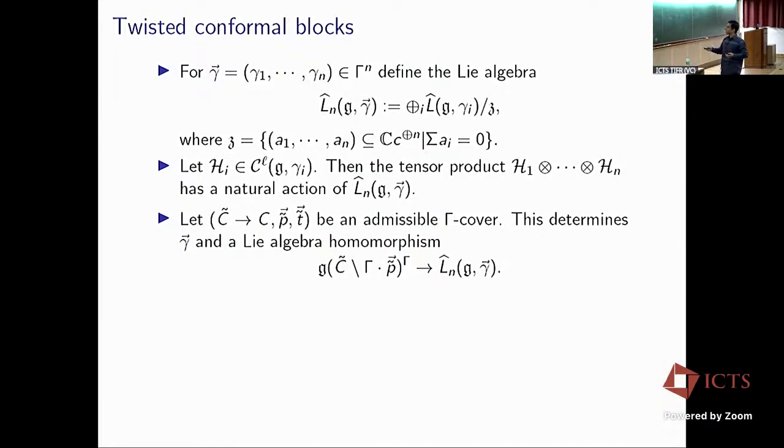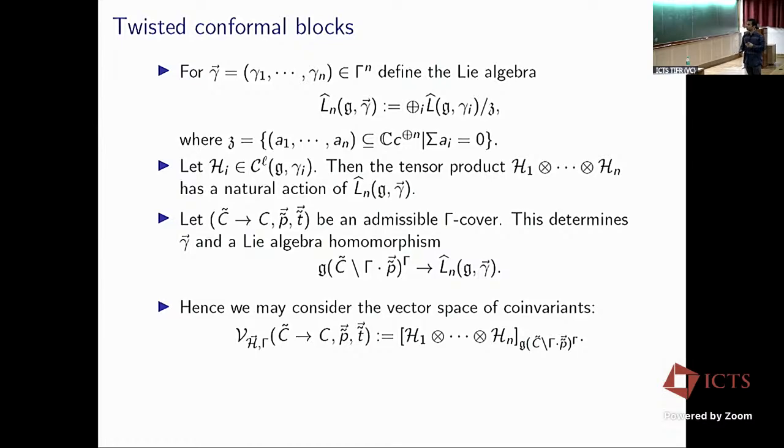So now I can define this space of conformal blocks. Basically, you take this tensor product and take the co-invariants with respect to this Lie algebra. So this is the vector space of twisted conformal blocks.